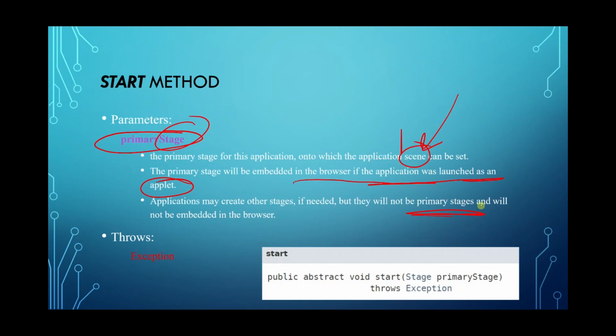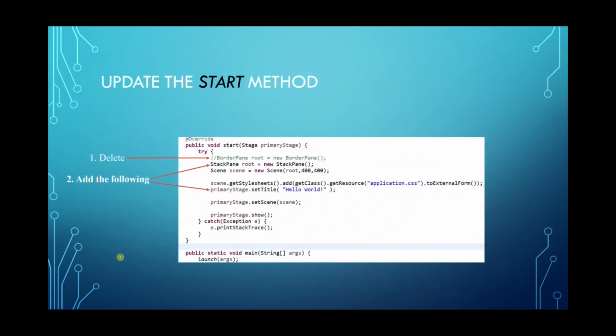This is why we are going to use the primary stage for pretty much most of our applications this quarter. If something wrong happens during the execution of the start method, an exception will be thrown.